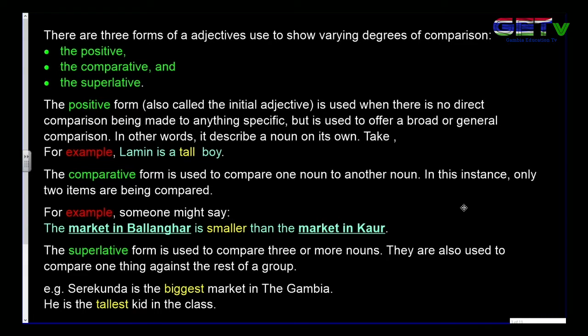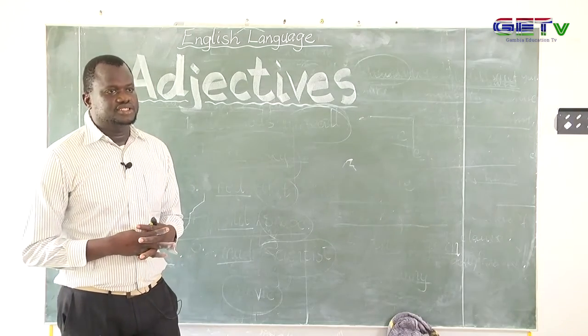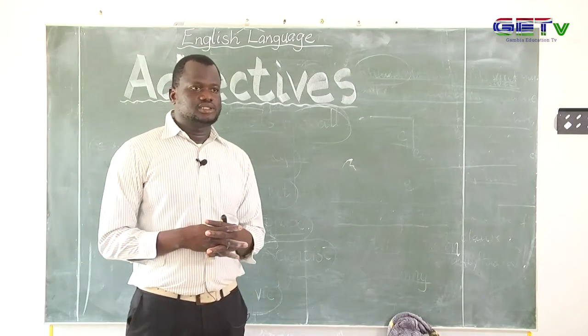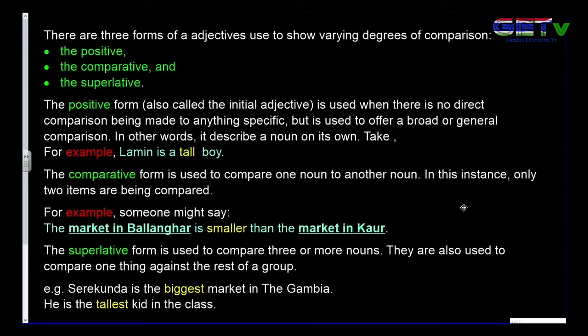Secondly, the comparative, and the superlative. These are the three forms of adjectives used to show varying degrees of comparison: the positive, the comparative, and the superlative.